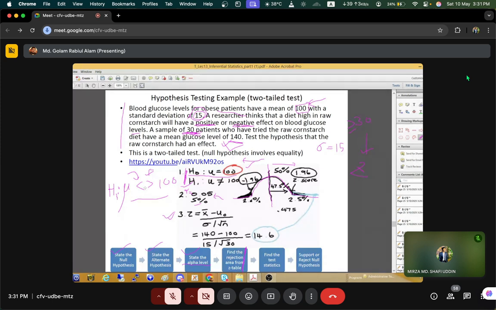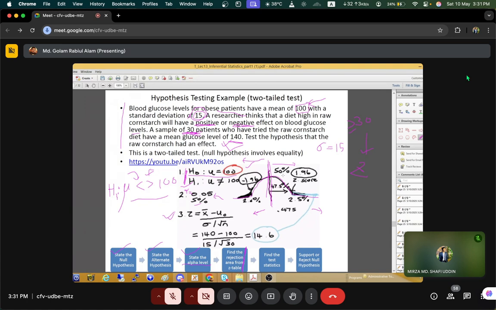Less than means this side, and greater than means this side. If this is the mean, then greater than the mean and less than the mean. So it is a two tail test.